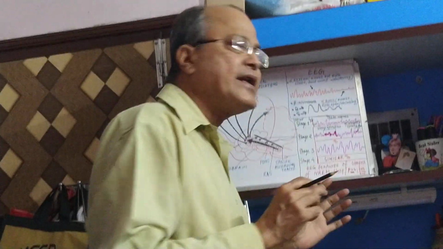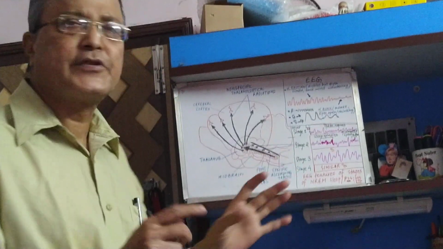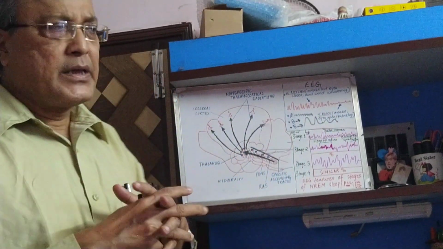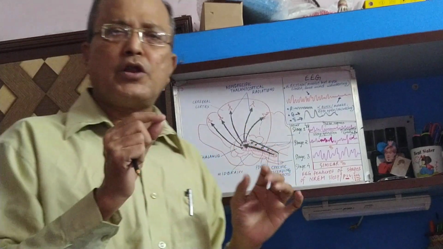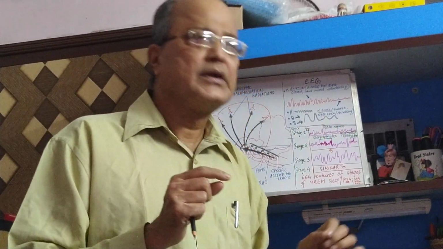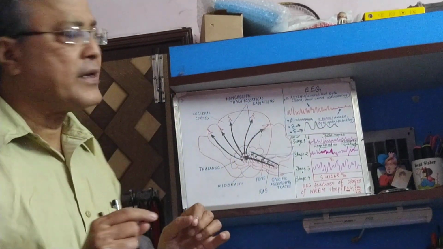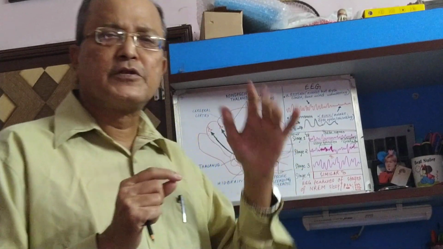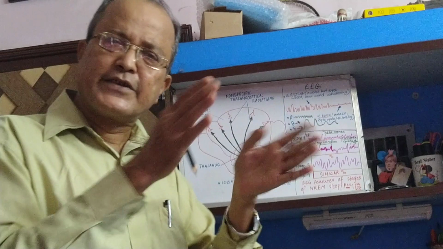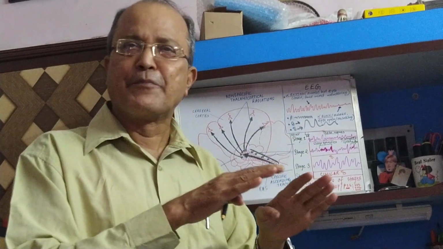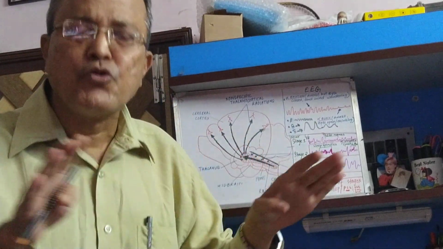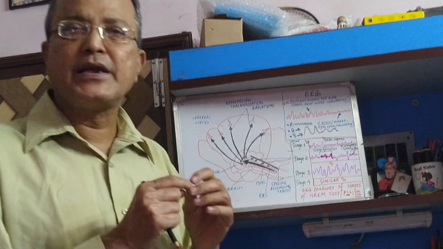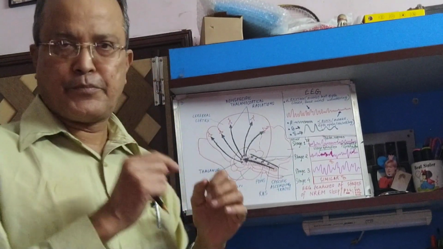Now, in REM sleep there are some characteristic features. If you observe a subject who is sleeping, there is a rapid movement of the eyeball which is visible from the external side, though the eyelids are closed. That's why the nomenclature is rapid eye movement or REM sleep.